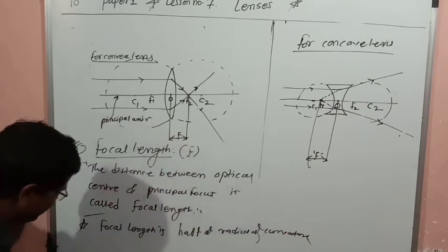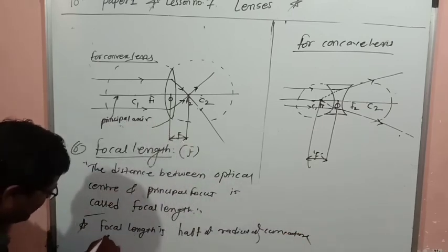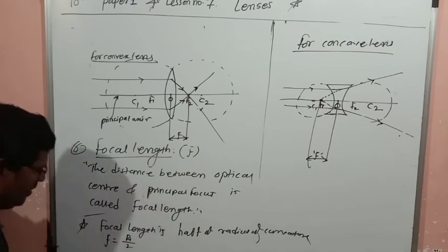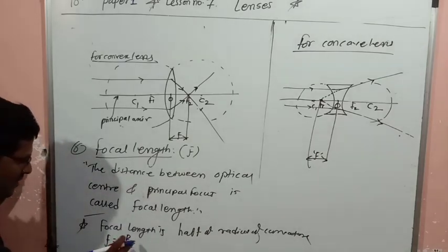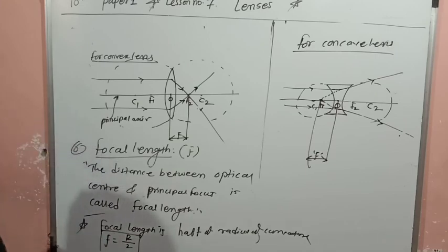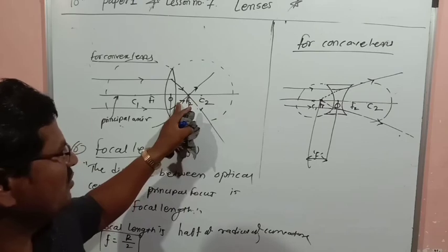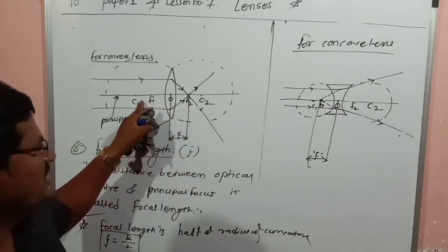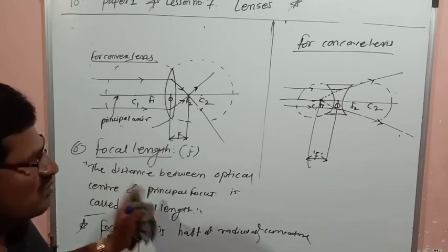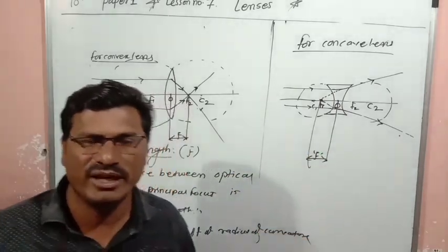That is, focal length is equal to r upon 2. Radius of curvature, its half is the focal length. So on this side the focal length will be the radius of curvature, whatever R1 will be, divided by 2. Here it will be R2 divided by 2.